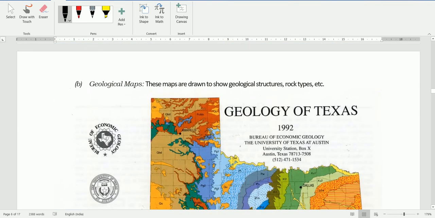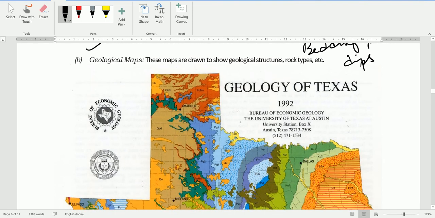Next we have the geological map, another type of physical map. These geological maps are drawn to show geological structures and rock types. They also represent bedding planes and dips.